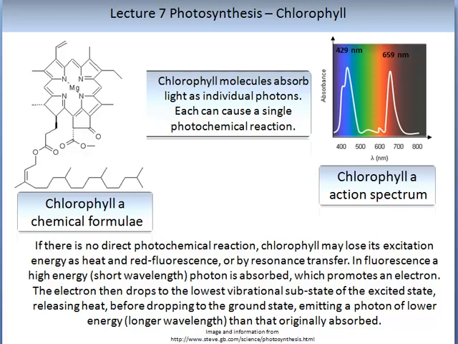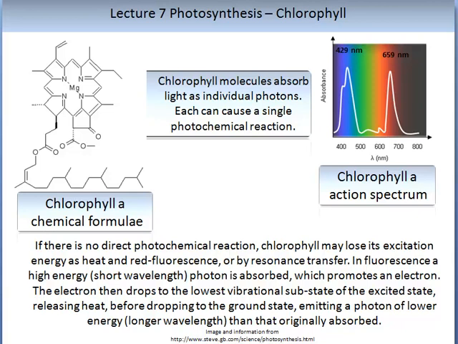You will see that chlorophyll A absorbs light mostly at 429 nanometers and then again at 659. Areas between 500 and 600 nanometers are hardly absorbed at all, and areas above 700 and below 400 are also not absorbed.